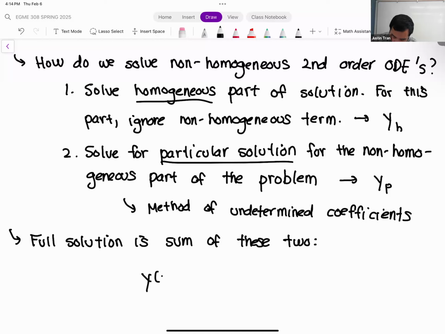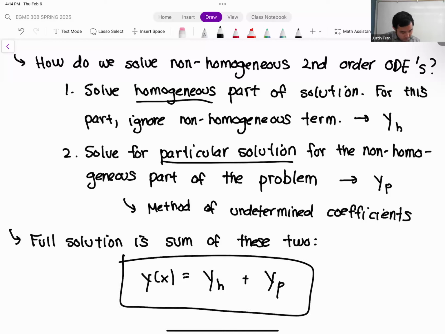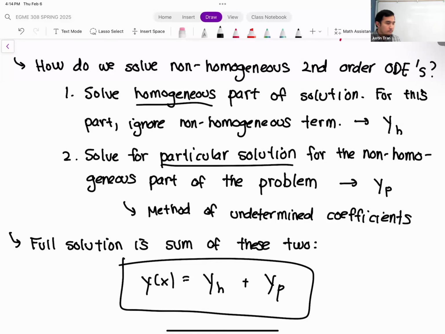So we have y of x is equal to y_h plus y_p. And if you have any initial conditions, if those are given to you in the problem, you would apply that on the full solution.